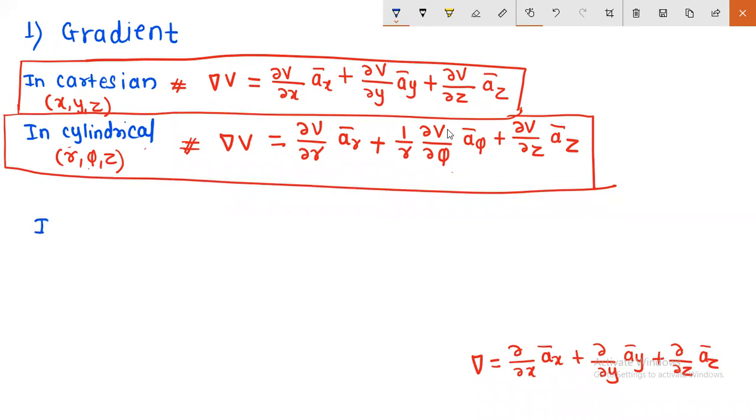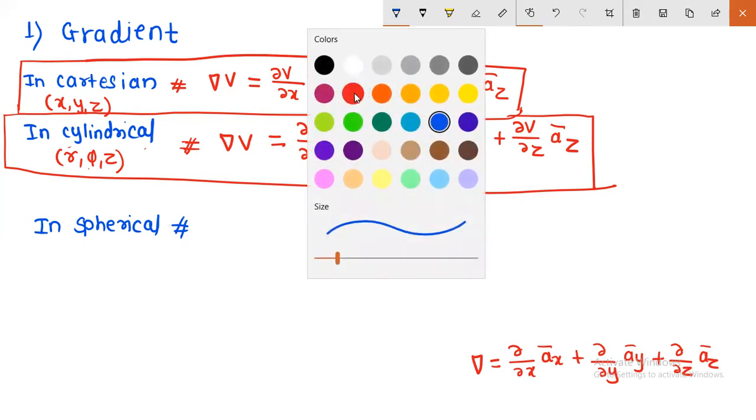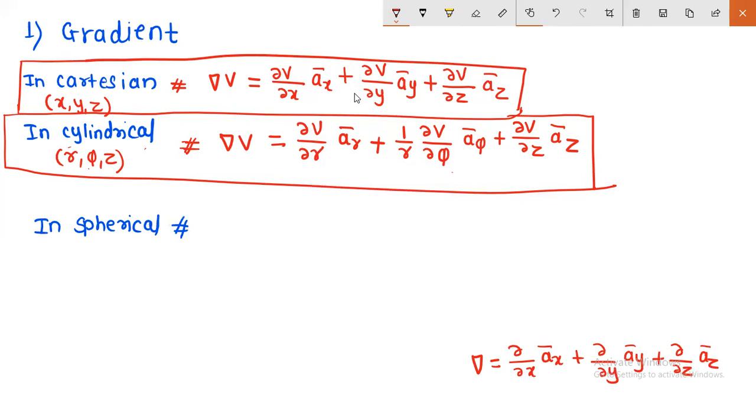Now, in spherical, what are the coordinates in spherical system? R, theta, phi. R, theta and phi, correct.